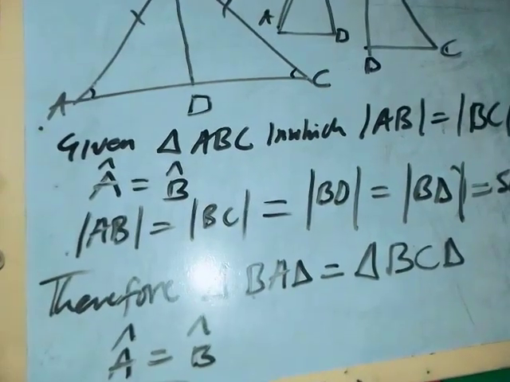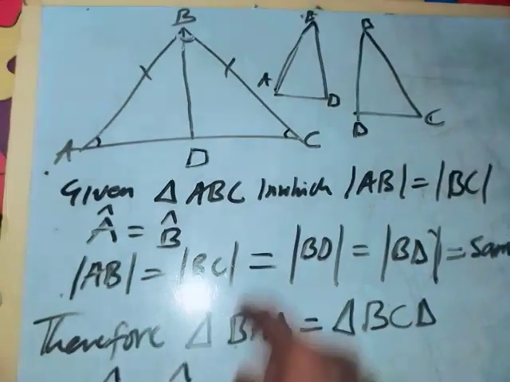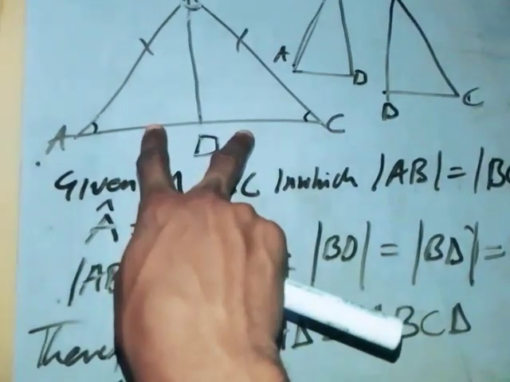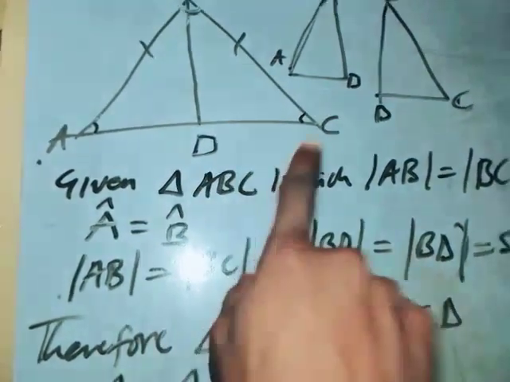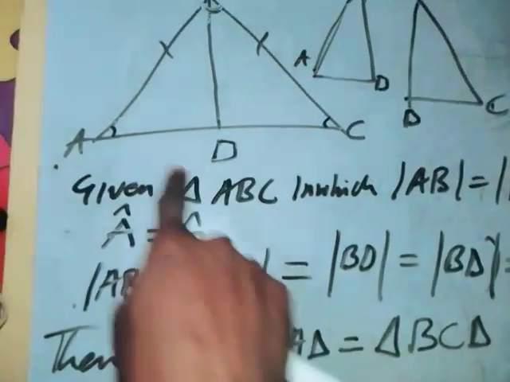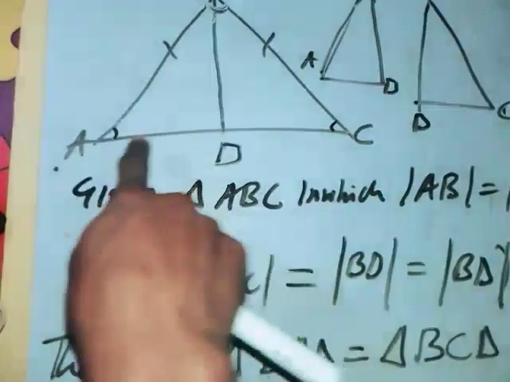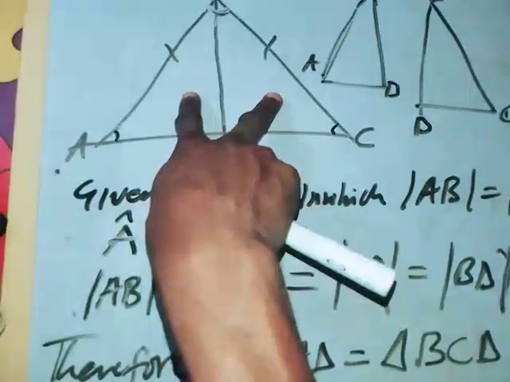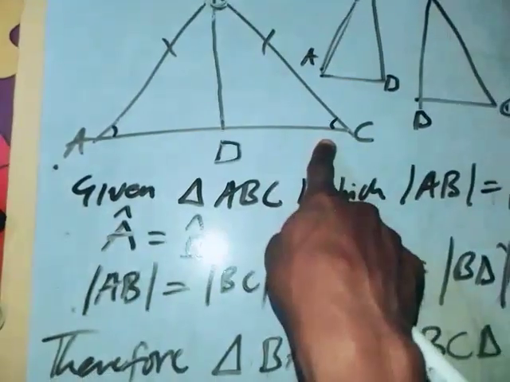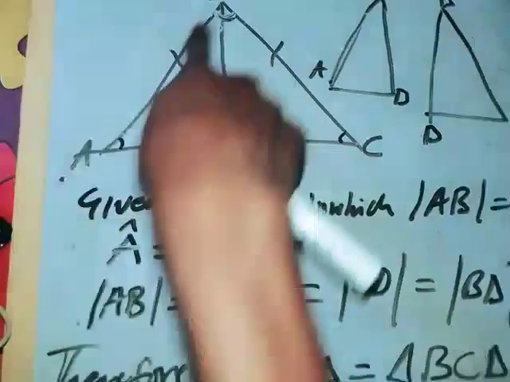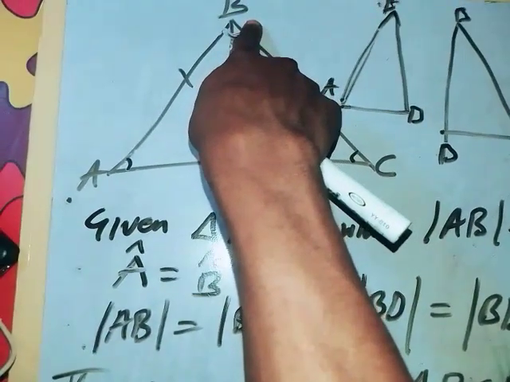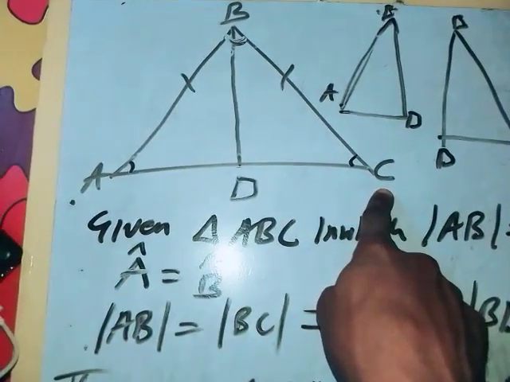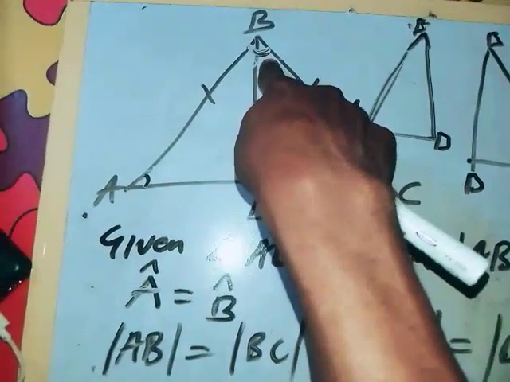It's very important that you can apply it in any problem like this. The theorem states that the base angles of an isosceles triangle are equal, and these are the base angles and they are equal. Also line AB is equal to line BC.